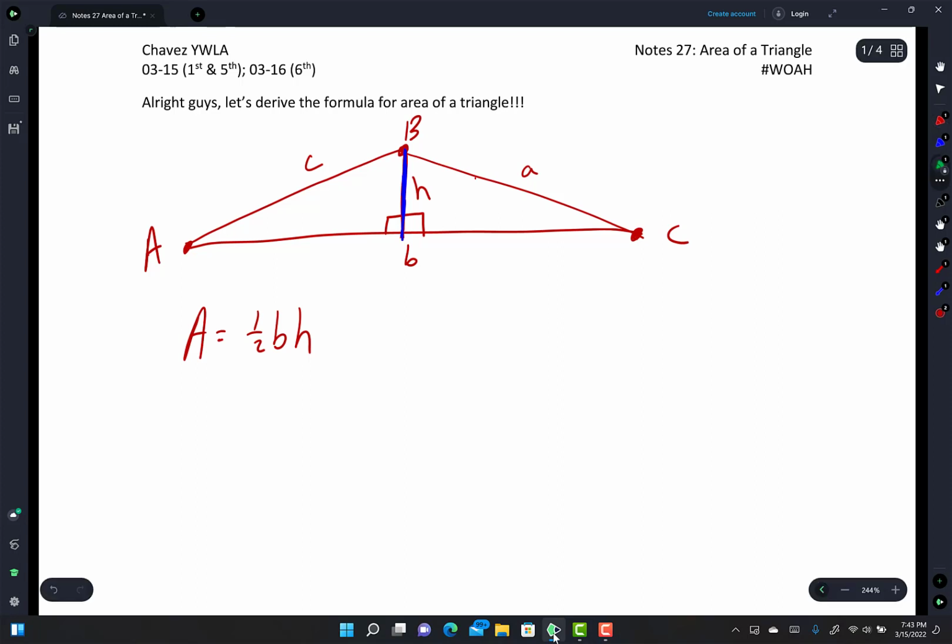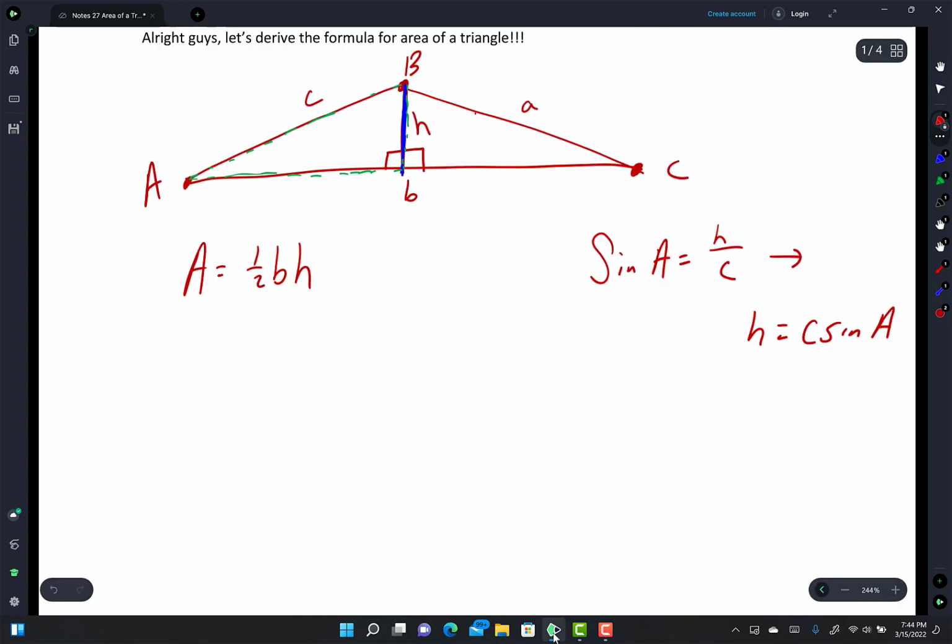So look at this right triangle here in green. If I focus on that angle A, I can say sine of angle A is equal to opposite over hypotenuse, H over C. If I multiply both sides by C, I get that H will equal C sine A. Now that's little c there, guys.